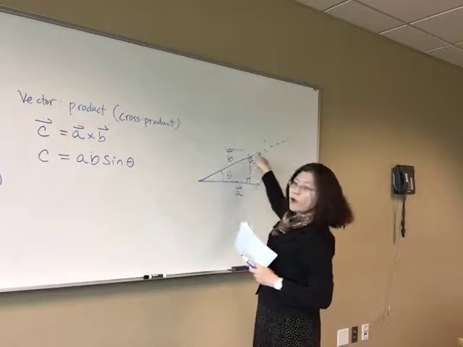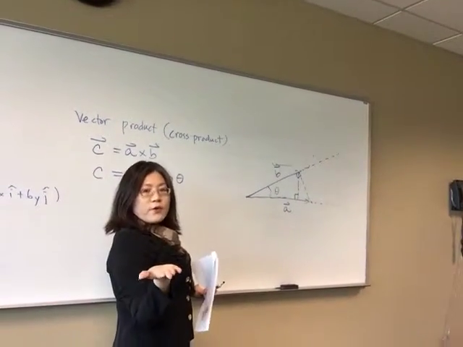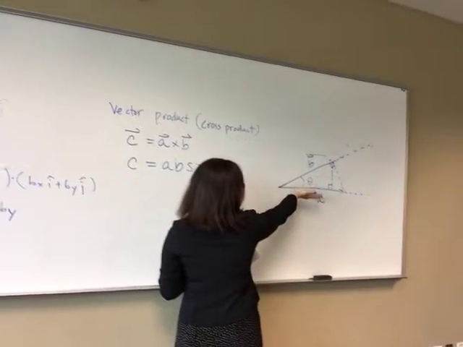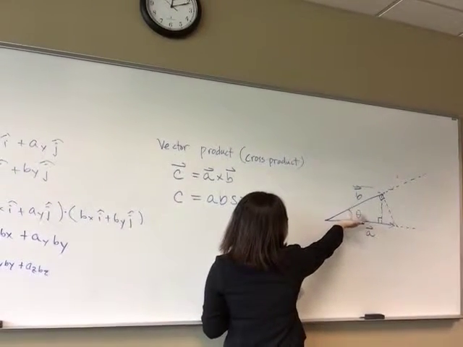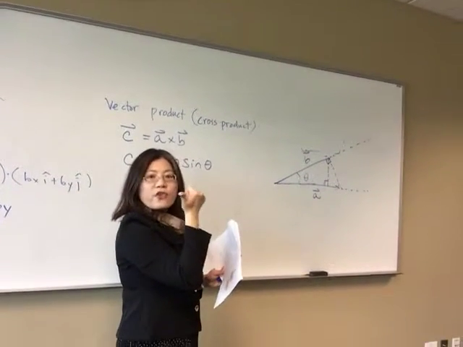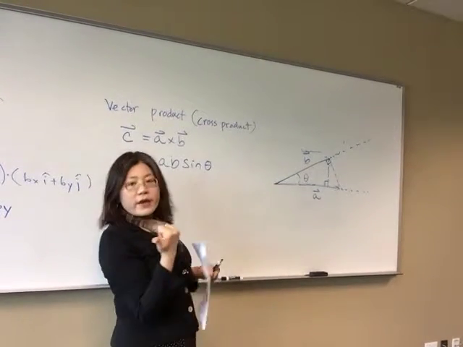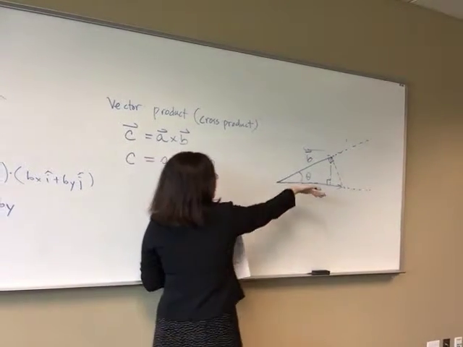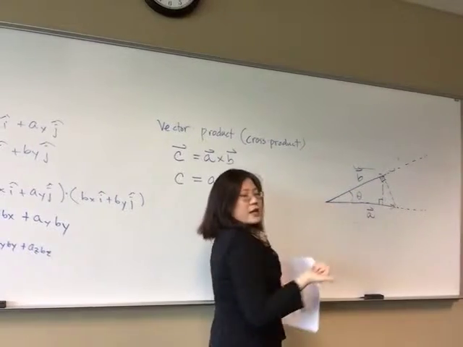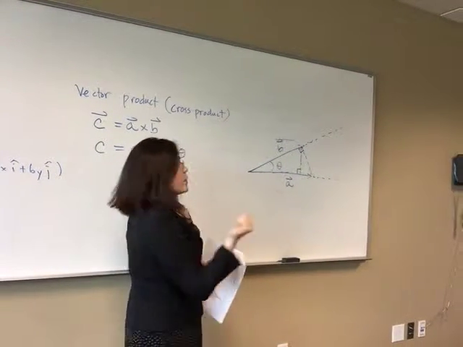This is your B, at an angle. Sweep your fingers toward the second vector, and your thumb gives you the direction of the vector C, the third vector. You can see that this is basically forming an X, Y, Z plane, and your thumb is pointing out of the whiteboard.